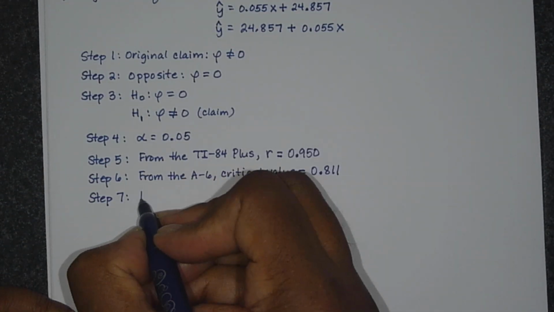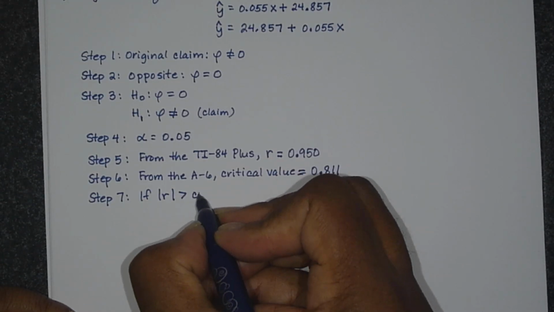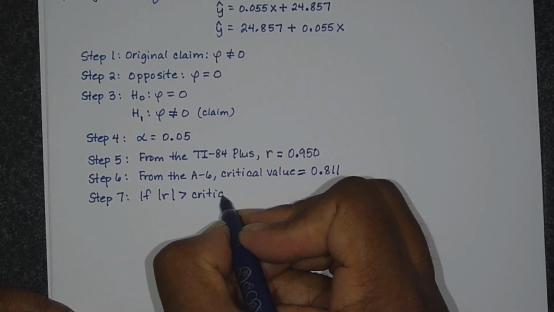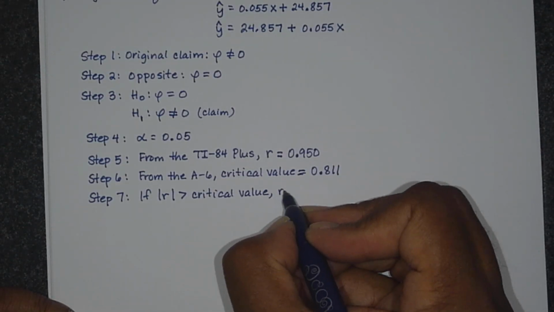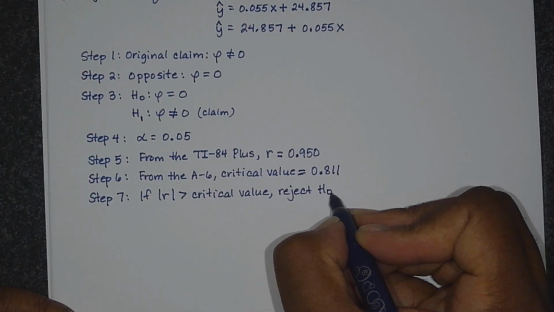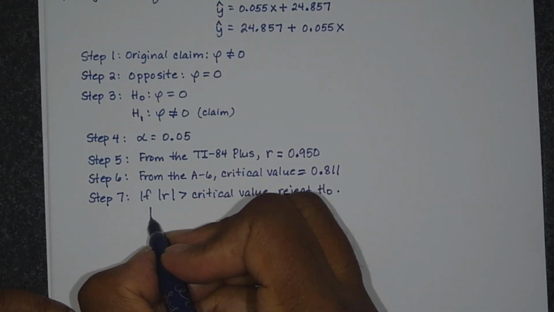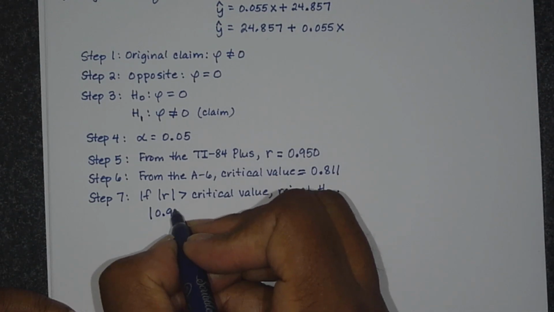And then that decision rule is this: if the absolute value of R is greater than our critical value, we're going to reject the null hypothesis. And R from step number 5 was 0.950.